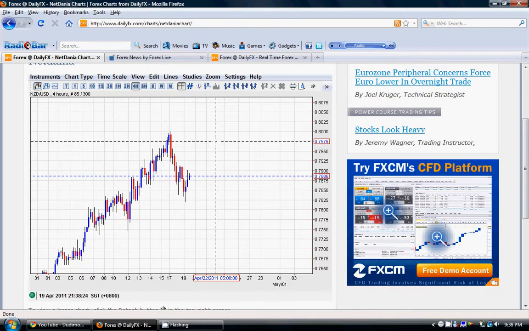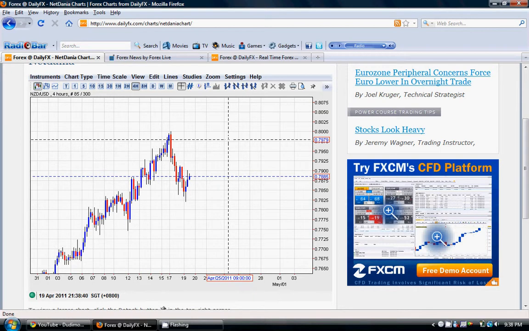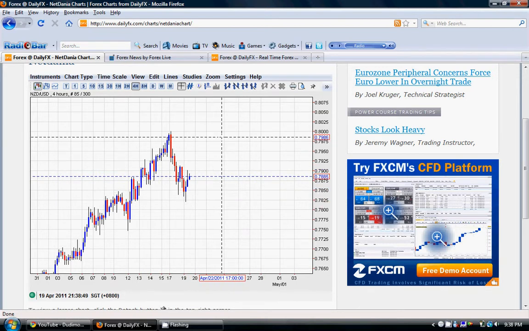The expected was 1.3, and we got much less than that. So there is diminishing interest rate expectation, as well as uneven events; sometimes we see earthquakes and that kind of thing in New Zealand. So I think all of it is adding up to the sell-off of the Kiwi dollar.